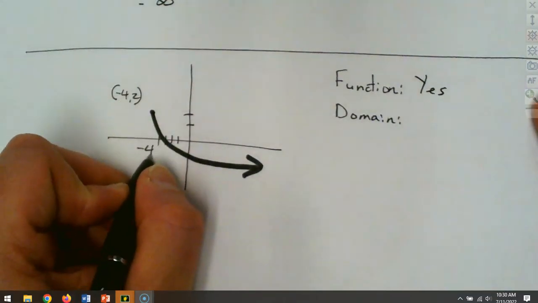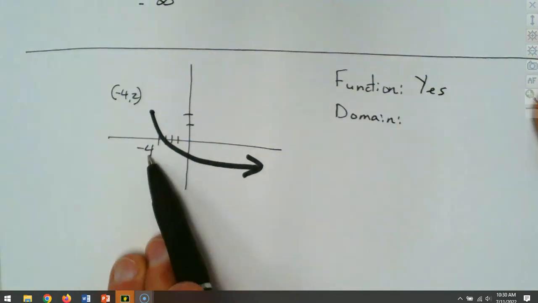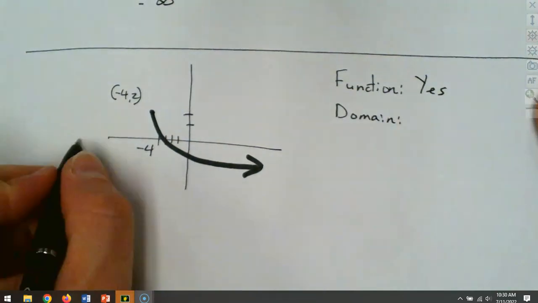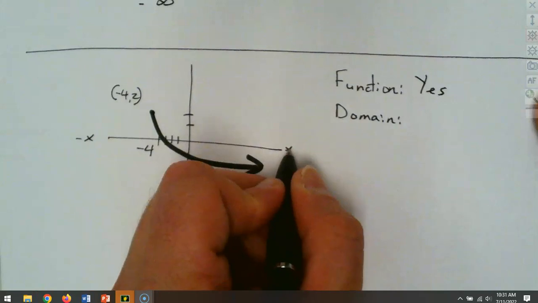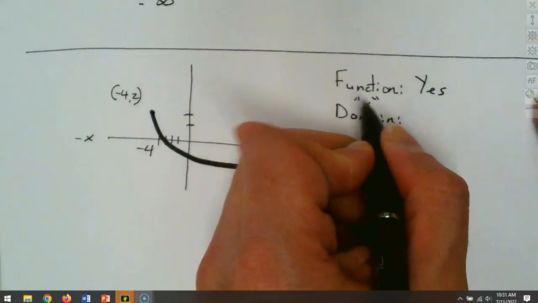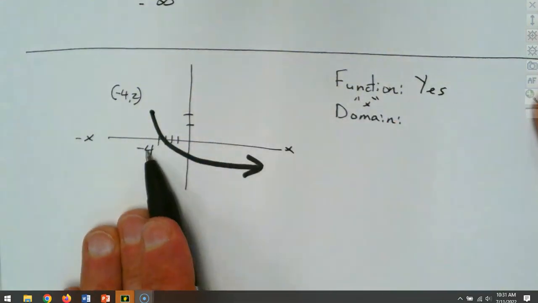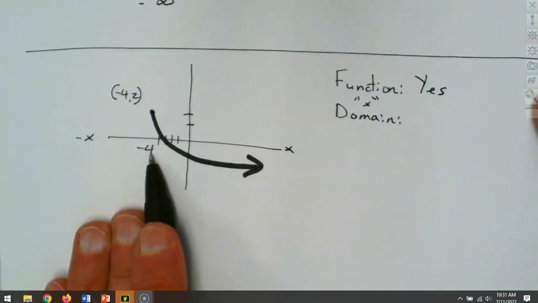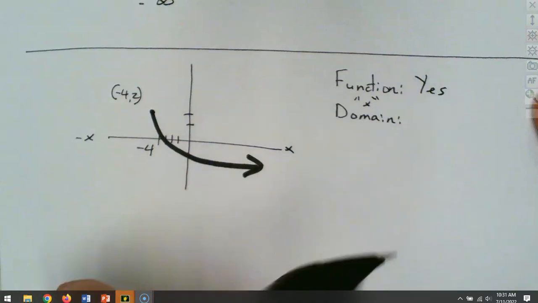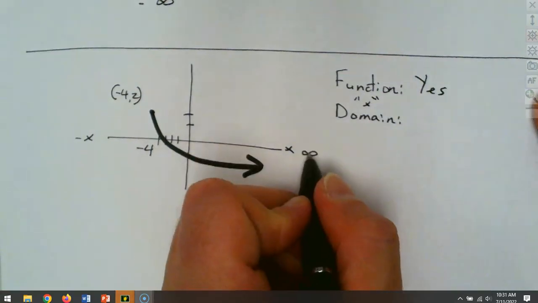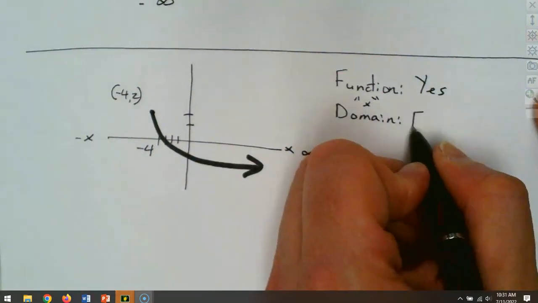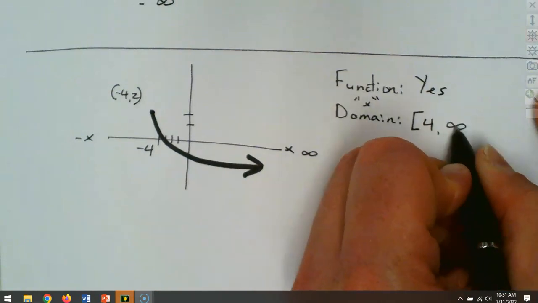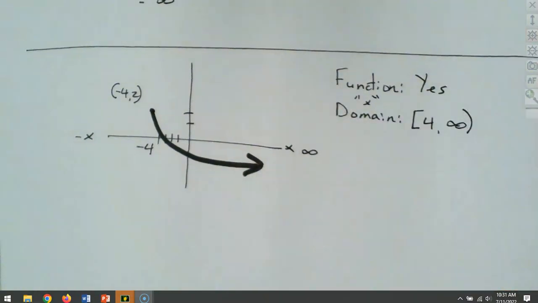So it starts here at negative 4 on the x-axis. Remember, the domain is the x-axis. Is it going to the left at all? No. It's only going to the right, and when it goes to the right, remember, that goes to positive infinity. So my domain would be negative 4 to positive infinity, because it's going to the right.